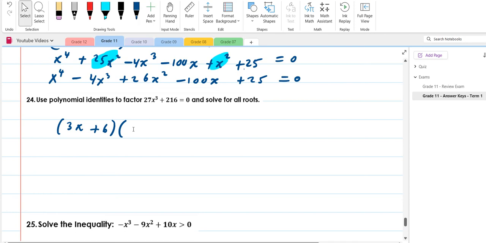By the way guys, this one here, because we got 27x cubed plus 216, we're getting 3x plus 6 in the first bracket, which means we can still divide this entire equation by 9, I think. Yeah, let's see, 27, we can still simplify this equation.